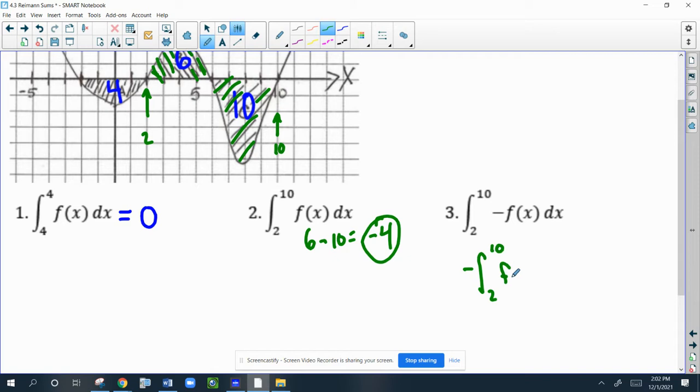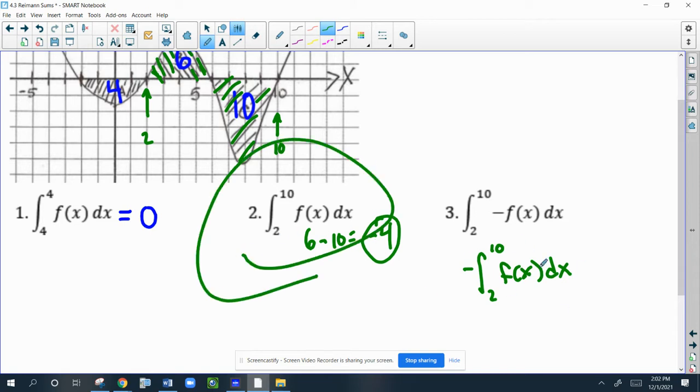So this would be an equivalent integral. So this integral would be the same thing as negative this integral from 2 to 10, which we already did. So we already figured out that the integral from 2 to 10 was negative 4. So this is negative 4, which makes our integral positive 4.